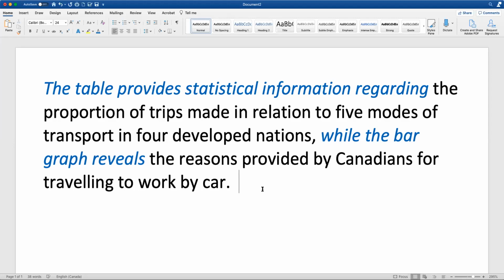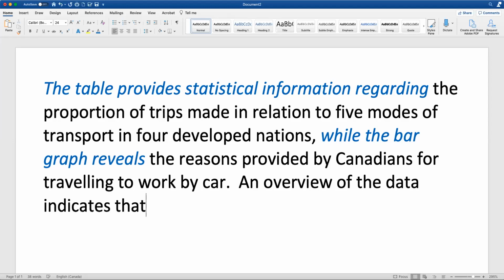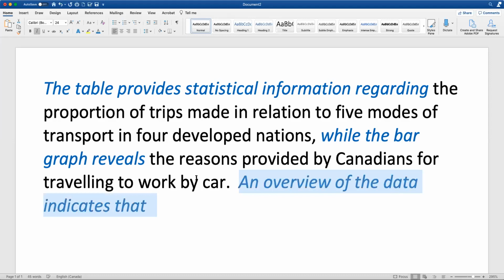So, got it? Now we get to the overview sentence. An overview of the data indicates that. So the overview sentence is kind of like a general starting point. We just want to summarize something general.